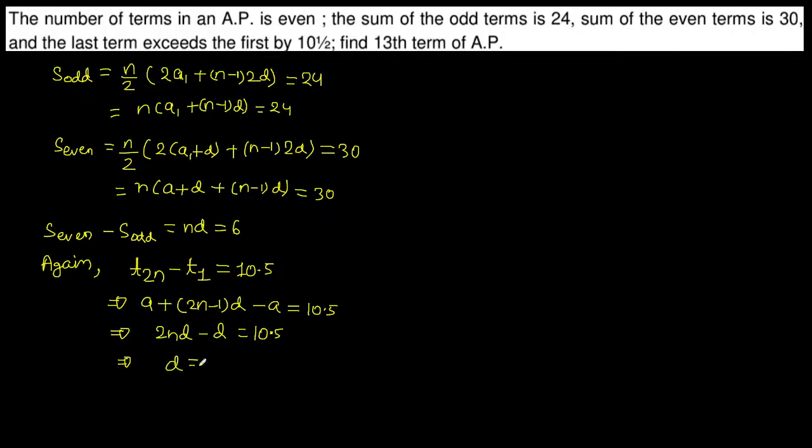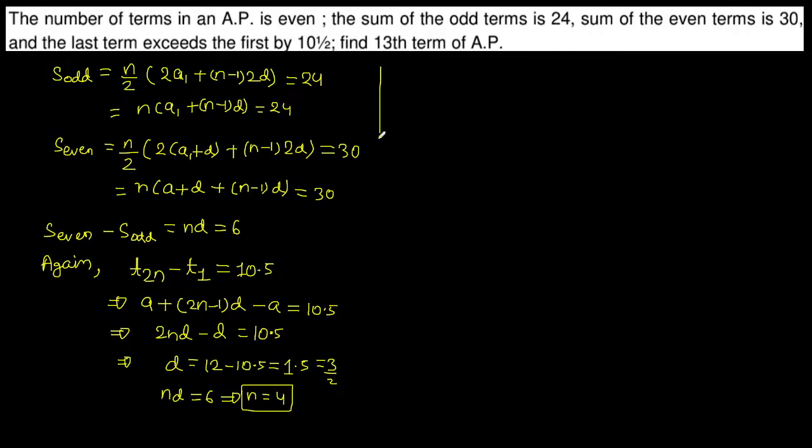So d will equal 12 minus 10.5, which is 1.5. d is 3 by 2. If d is 3 by 2, can we say nd equal to 6 implies n equal to 4? n equal to 4, d equal to 3 by 2.